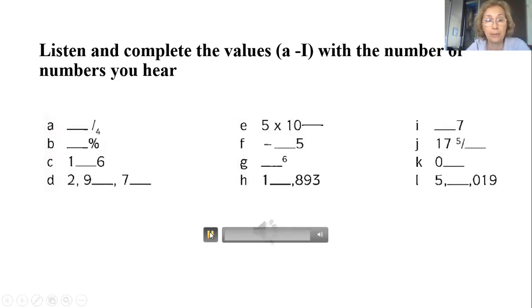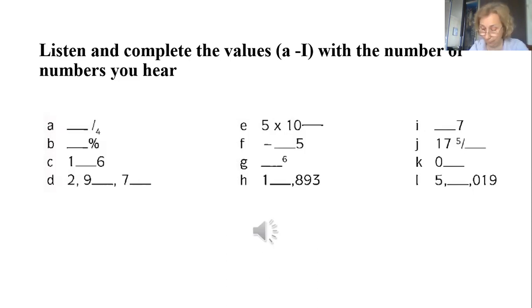6.5. A. A quarter. B. 15%. C. 1.356. D. 2,905,740. E. 5 times 10 to the 9. F. Minus 35.